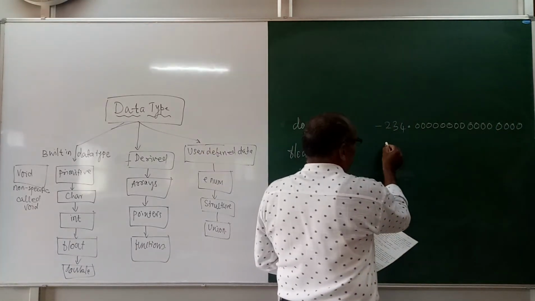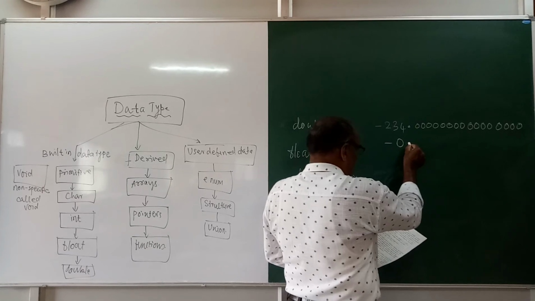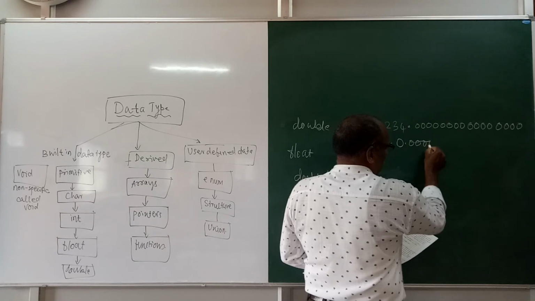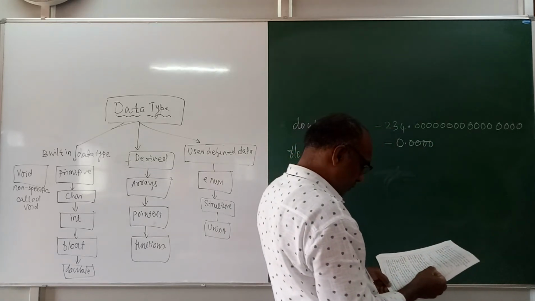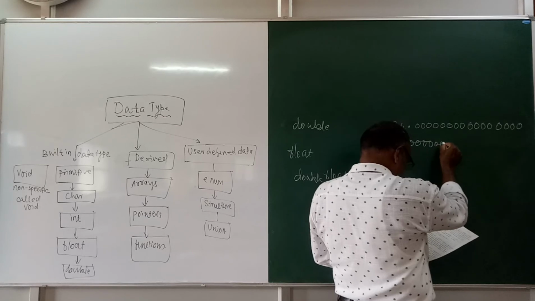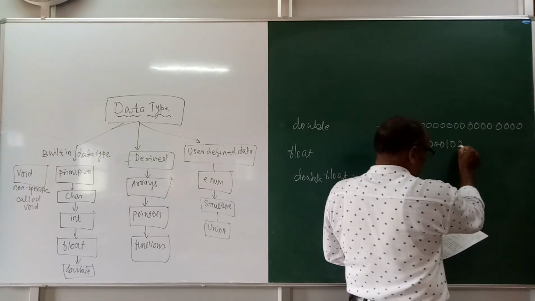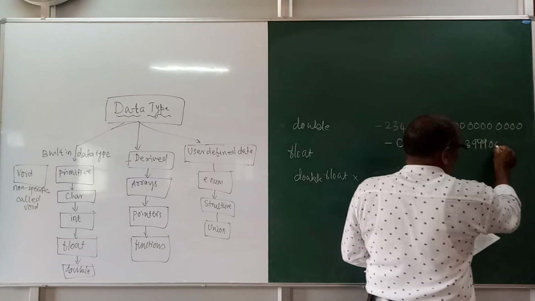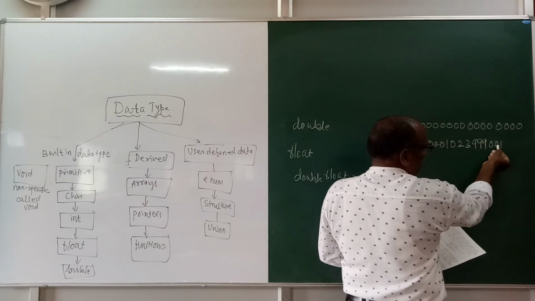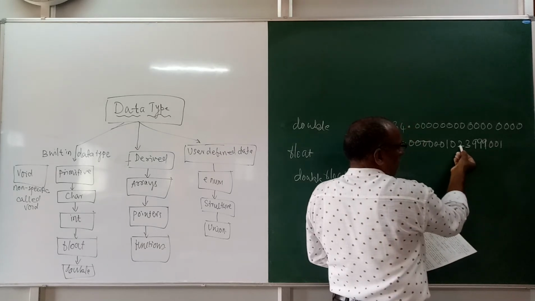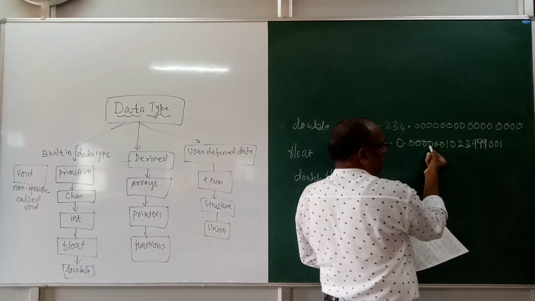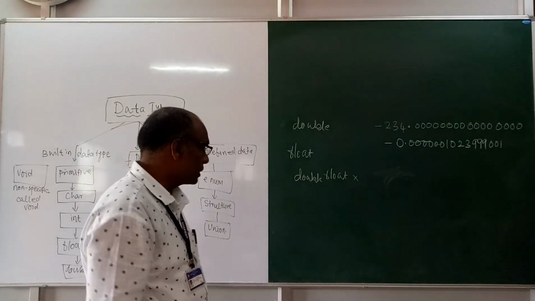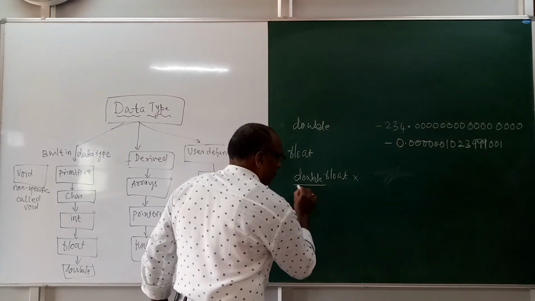Or else you can write one more example, minus 0 decimal point, then some zeros, then 1, 0, 2, 3, then 999, 0, 0, 1. Let's count 1, 2, 3, up to 16. 16 digits after the decimal point, that is double.